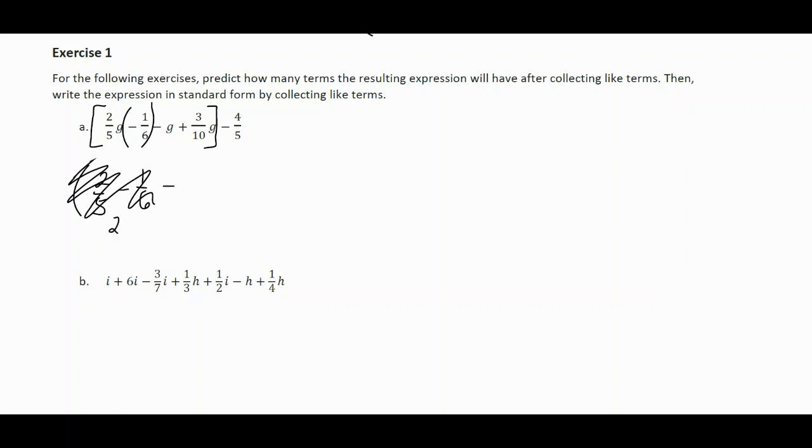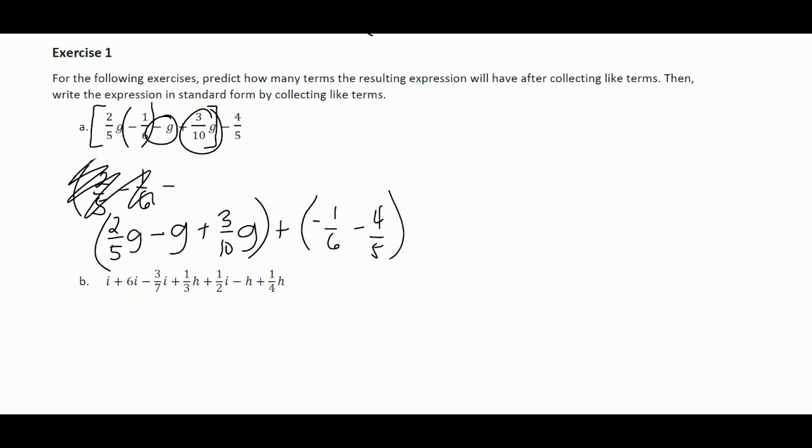So what we're going to do is 2/5 g minus g plus 3/10 g plus -1/6 minus 4/5. Now let us isolate the g, or let us factor it out. So we're going to have 2/5 minus 1 plus 3/10 times g plus, let us now do this.